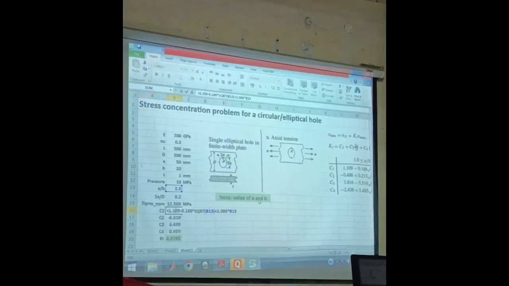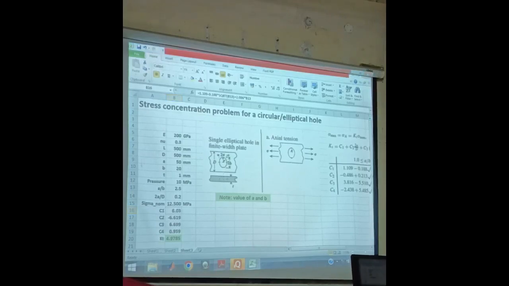So C1 is this, C2 is this, C3, C4, and Kt. Now if I know this Kt and I know the sigma maximum, sigma nominal value I can calculate from this expression. Then what will be the percentage of error based on finite element analysis? These 3 problems are analogous. These 3 problems you have to do.